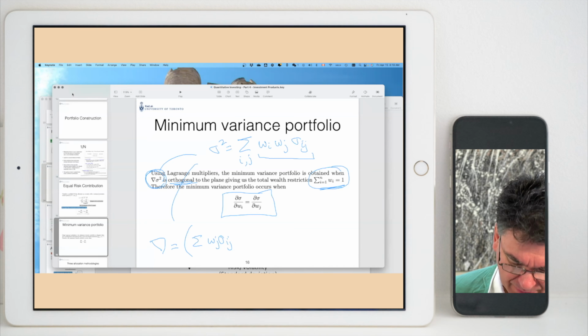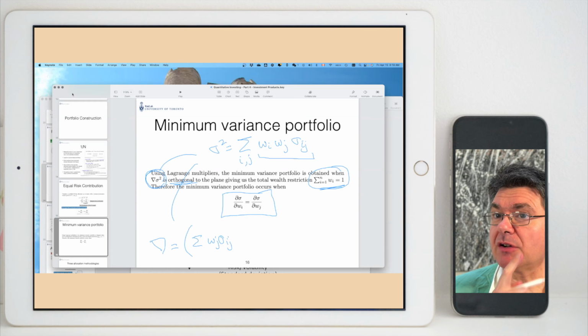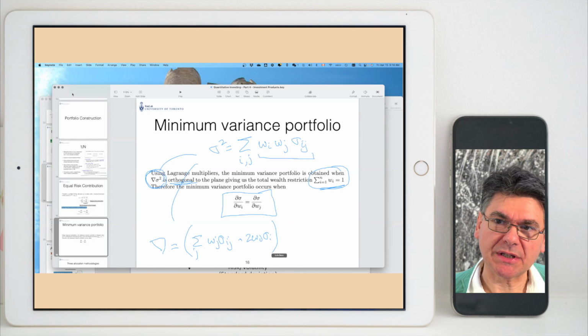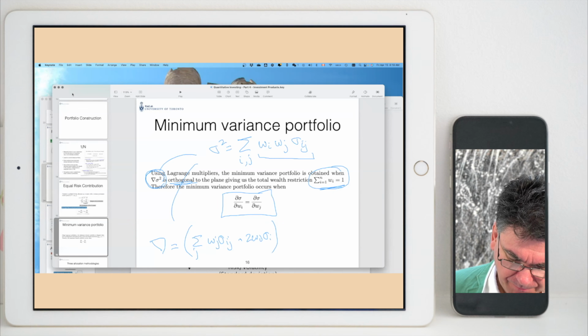That's what that vector is. The diagonal is a little bit different. Okay, the diagonal is going to be 2 W_i sigma_i squared, and this is the sum in j. So this is the vector, which is the gradient of that. And if this has to be orthogonal to that plane, then the orthogonality of this vector with the plane implies that equation.